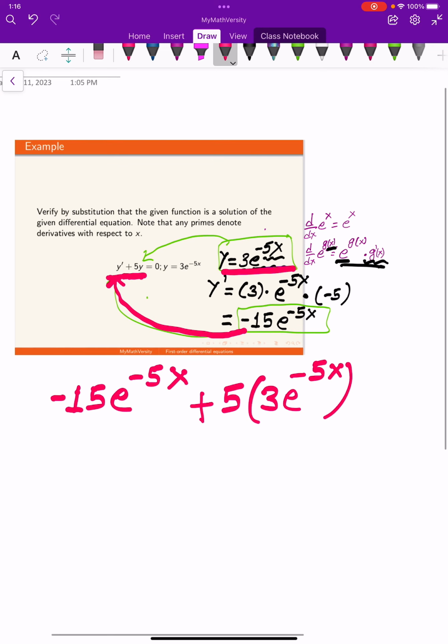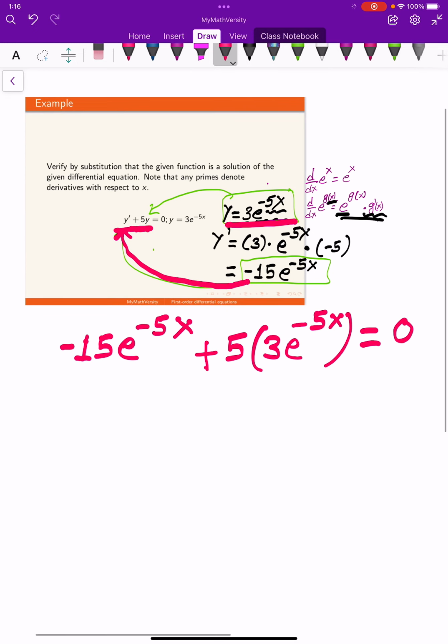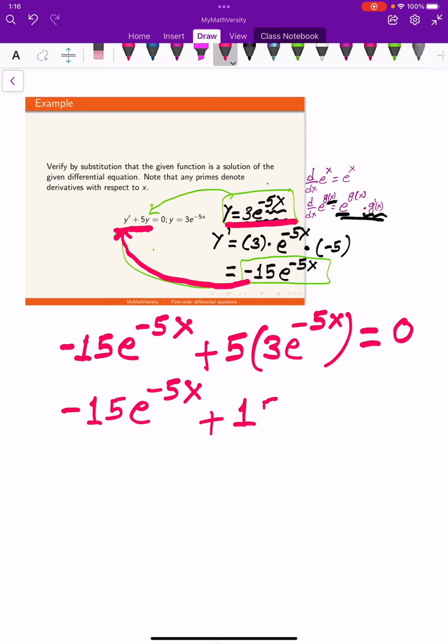When I do that, this has to be equal to 0, otherwise this will not satisfy the equation. So let's see if this is the case. The first term is just negative 15 e to the power negative 5x as it is. Looking at the second term, when you multiply 5 by 3, we get 15 e to the power minus 5x.